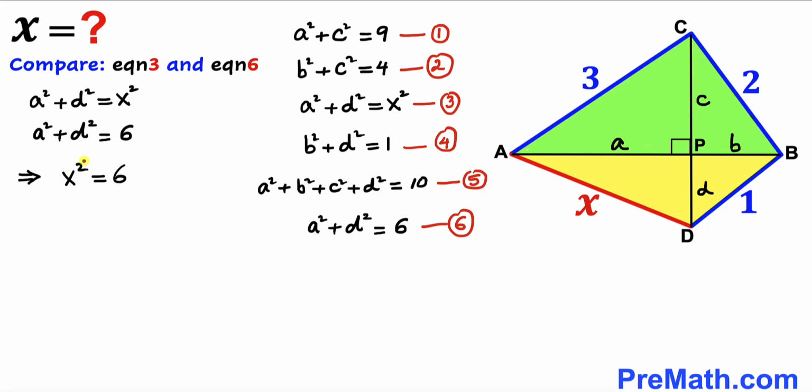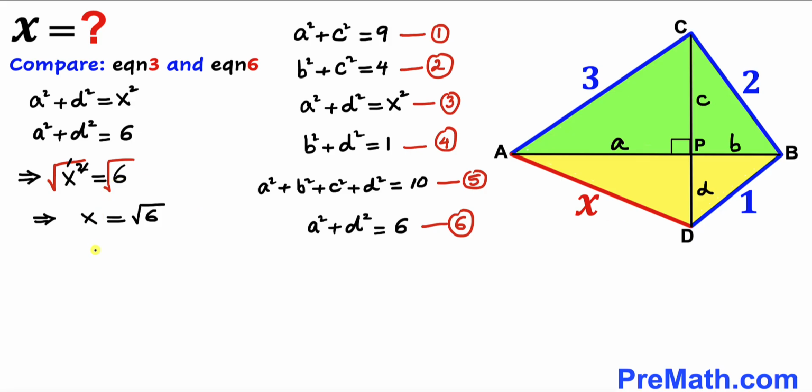Now we are going to undo this square by taking the square root on both sides. Here we can see the square and square root are gone. Therefore our x value turns out to be positive square root of 6 units. And bear in mind that we have a positive value of x since we are dealing with side lengths.